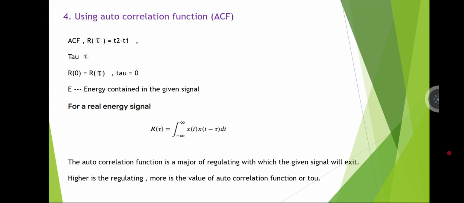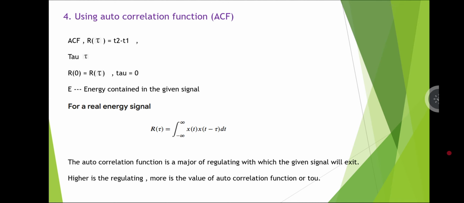Now the fourth one is your ACF, that is called the autocorrelation function. Here, R(τ) is defined with τ equal to t2 minus t1, and this symbol is denoted by tau. If τ is equal to 0, then R(0) gives the energy contained in the given signal.